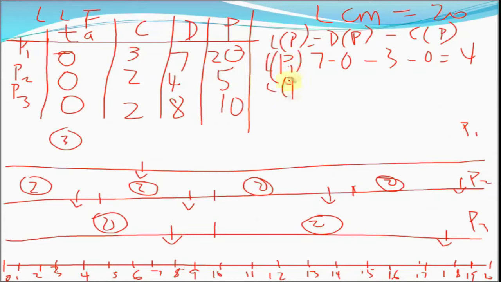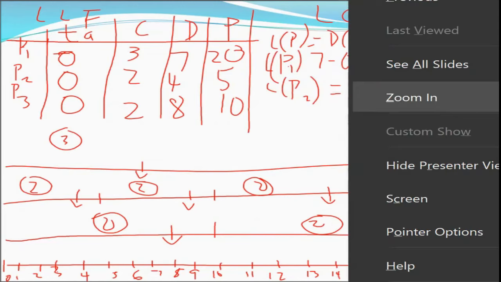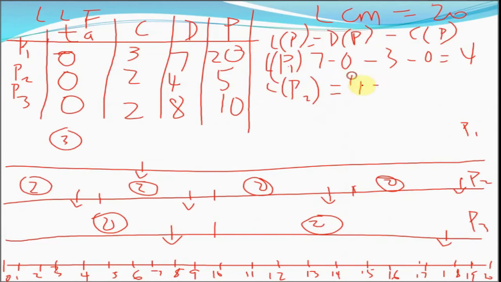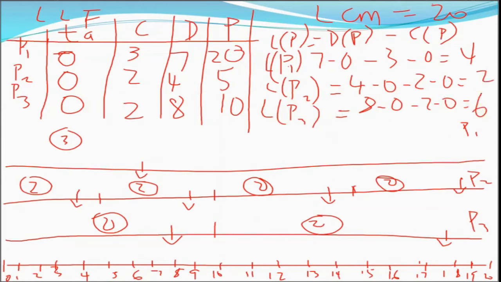Now if you take LP2, it's going to be what? 4 minus 0 minus 2 minus 0, right? Which is equal to 2. Are you guys following? LP3 is going to be what? Yes, 8 minus 0 minus 2 minus 0, which is equal to 6, right?